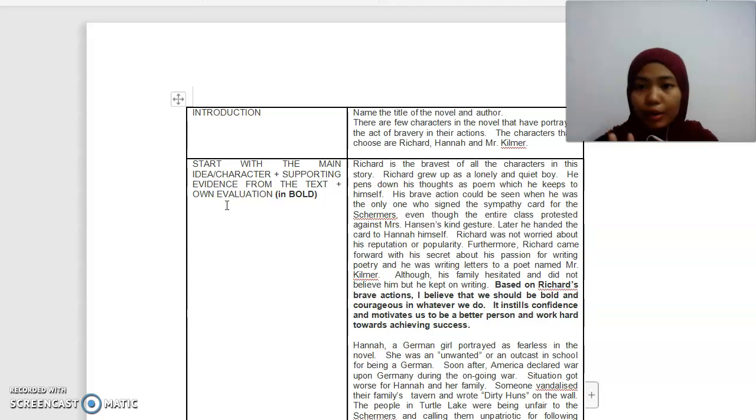For the other three paragraphs, you have to focus on the ideas of the characters and the supporting evidence from the text, with your own evaluation. Do keep this in mind, that your own evaluation is very important in these questions, basically.